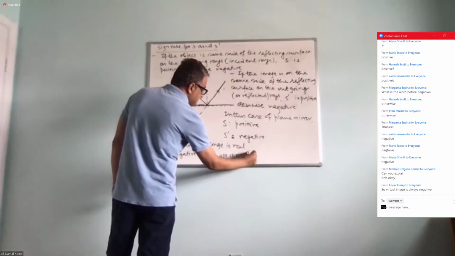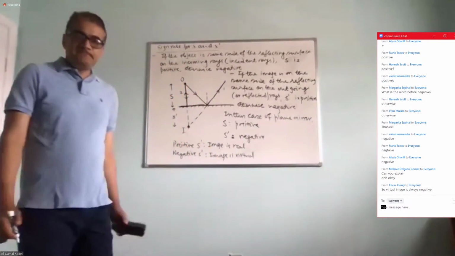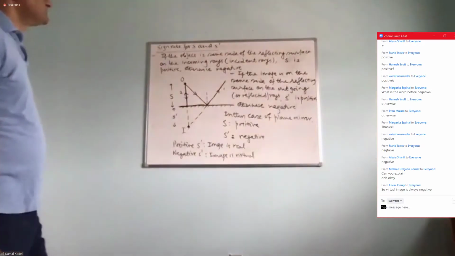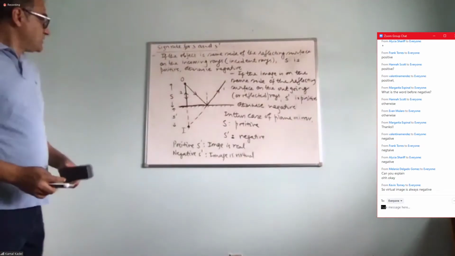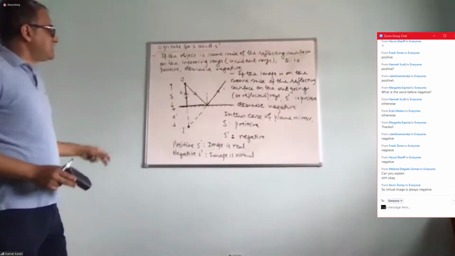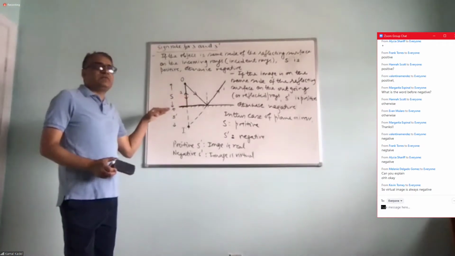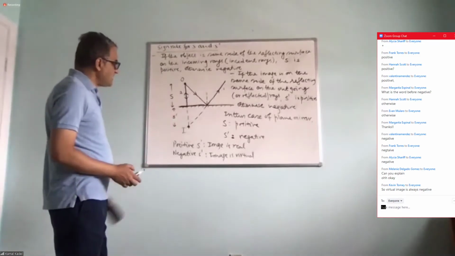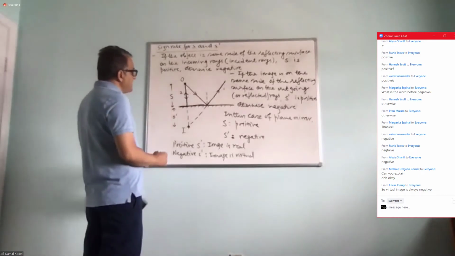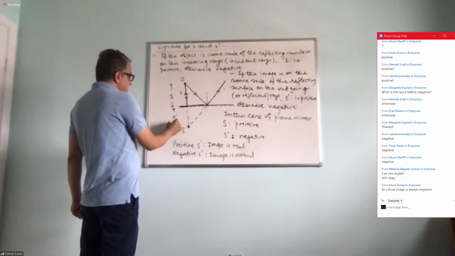So virtual image means S prime would be negative. Good. Now, one thing that we define here is the sign convention, and the other thing is that, at least in terms of the plane mirror, if we use the geometry, you can easily see that S equals S prime.